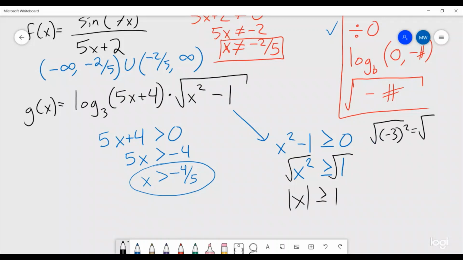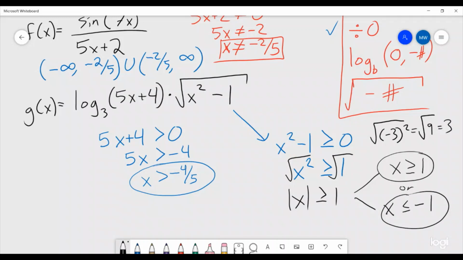Well, that's the square root of 9, which is 3, which isn't negative 3. So what we have here is this is going to split up into two different things. Either x is greater than or equal to 1, or x is less than or equal to negative 1. So these are the three things that we are going to have to look at.